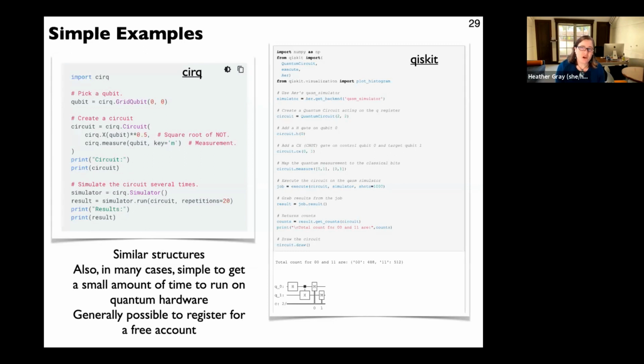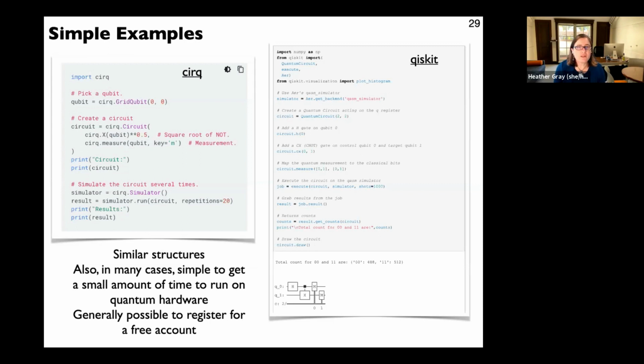Something to know is that in many cases, it's pretty simple to get a small amount of time to run on real quantum hardware. In many cases, companies will give you a few seconds, but of course, seconds on quantum hardware can actually do quite a lot. It's generally possible to register for free accounts to do it. I would say it's still at the stage where people are very interested in having those who want to really use their hardware and use their different languages.